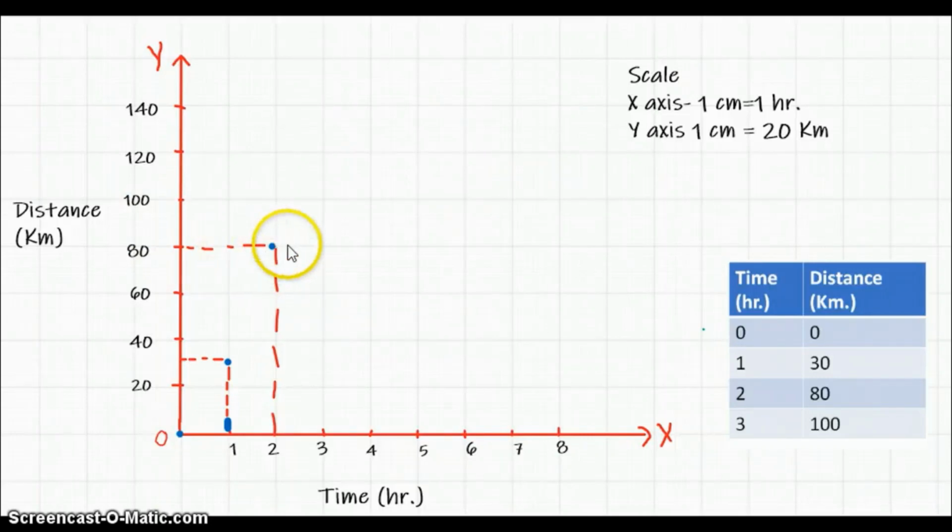So this is our third point, and then the fourth point is at 3 hours, the distance covered is 100 kilometers. So again, I have to draw the dotted line for after 3 hours, the distance covered is 100 kilometers.